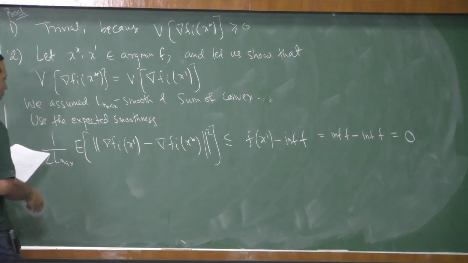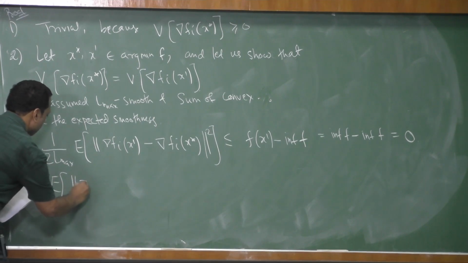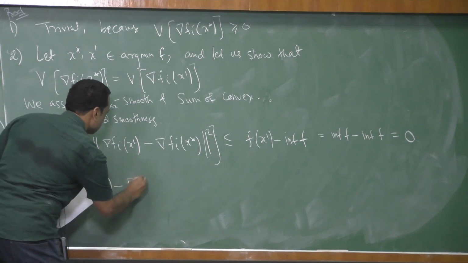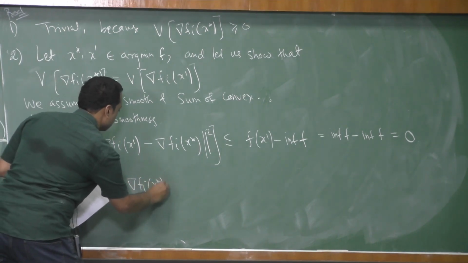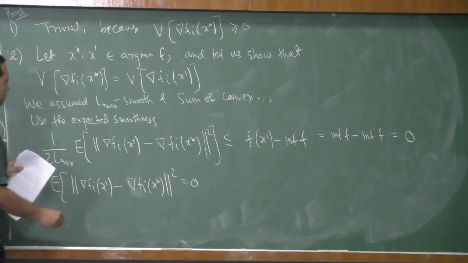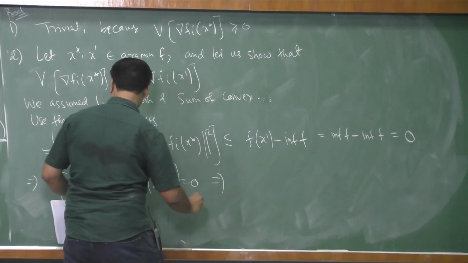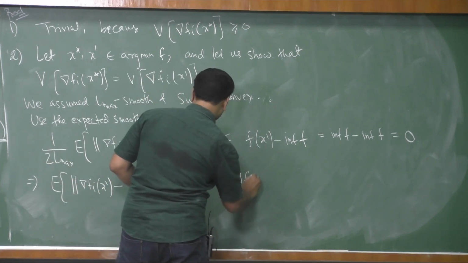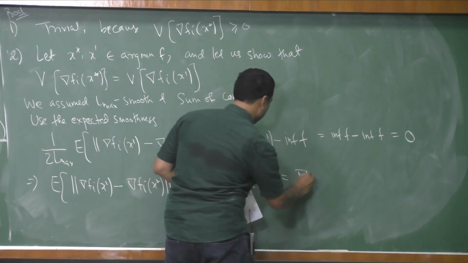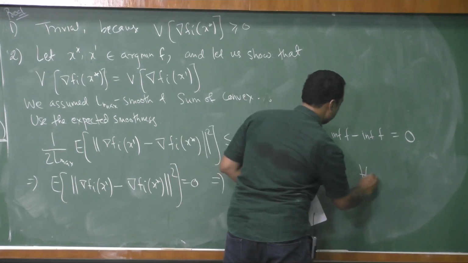So this implies the expectation of the norm of grad Fi x prime minus grad Fi x star equals 0, and furthermore this implies that each grad Fi x prime is equal to grad Fi x star for all i.